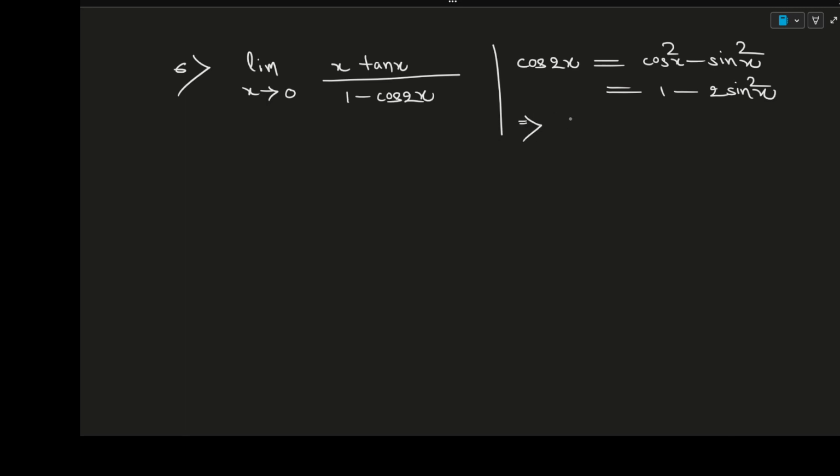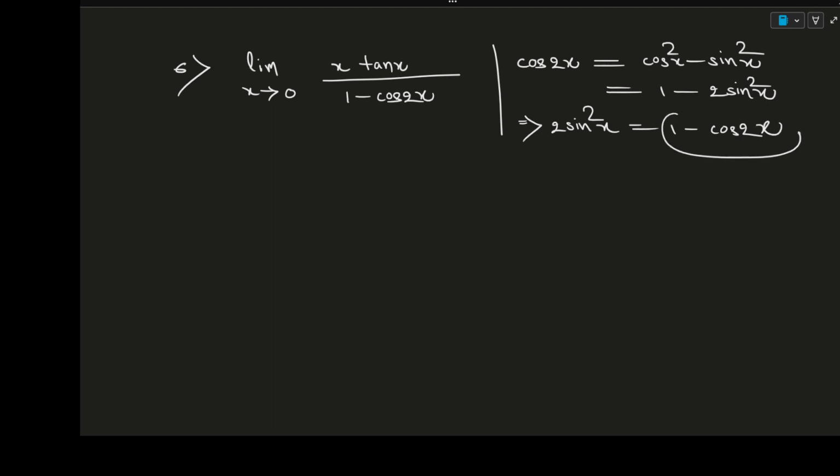which implies, if I take 2 sin square x to the left hand side and cos 2x to the right hand side, then it will be 2 sin square x equal to 1 minus cos 2x.